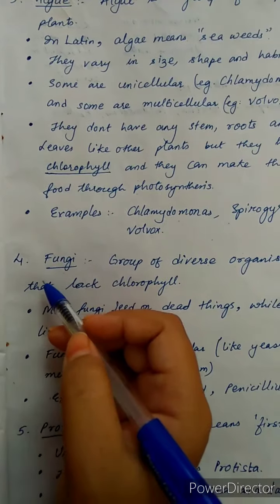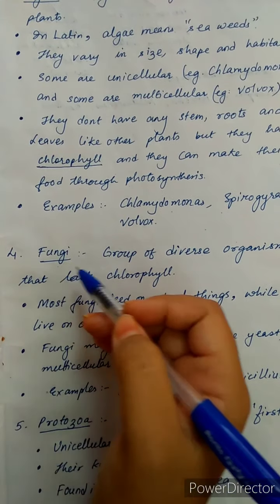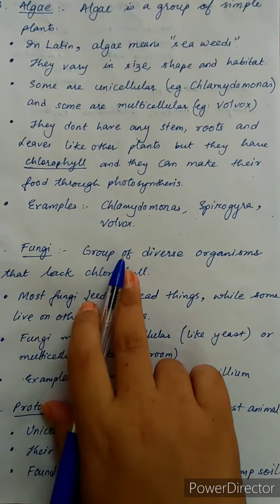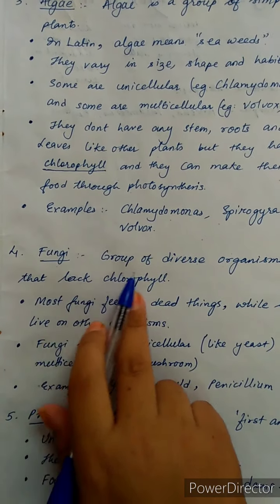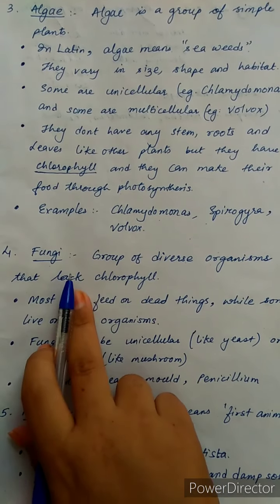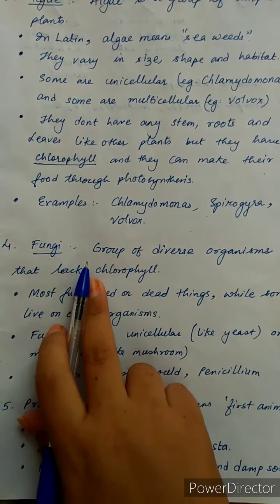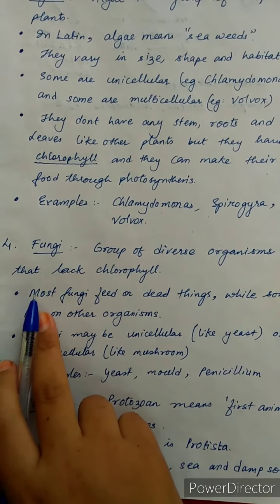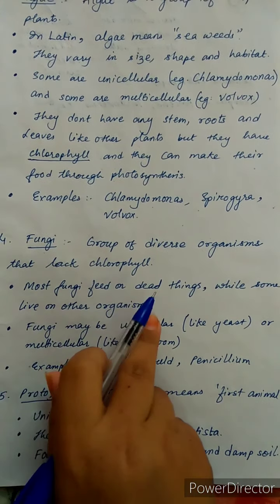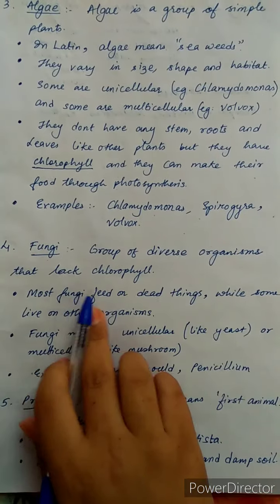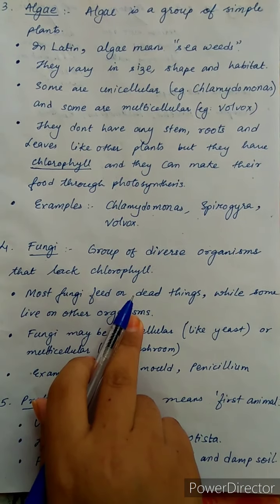Now coming to the fourth classification, that is fungi. Fungi is a group of diverse organisms that lack chlorophyll. It means they don't have any chlorophyll present in them. Most fungi feed on dead things, while some live on other organisms, like a host cell.